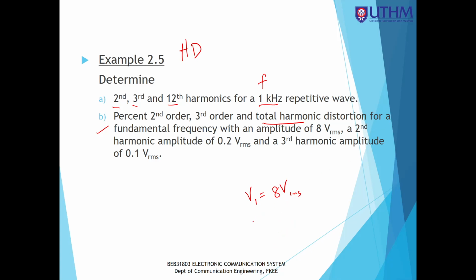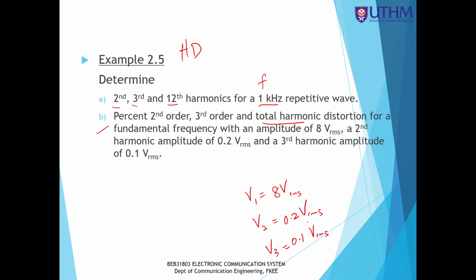The second order is equal to 0.2 volt RMS. The third order, V3, is 0.1 volt RMS.